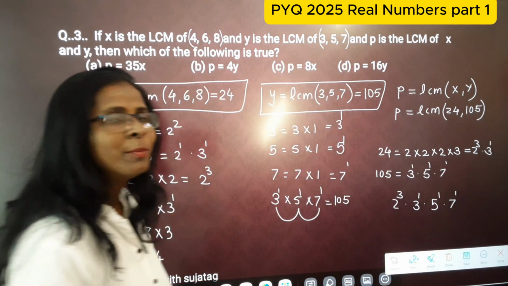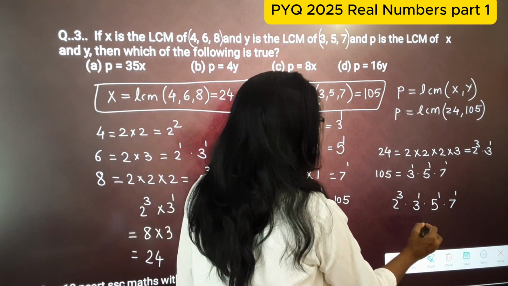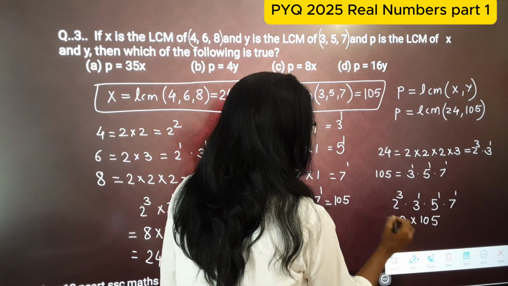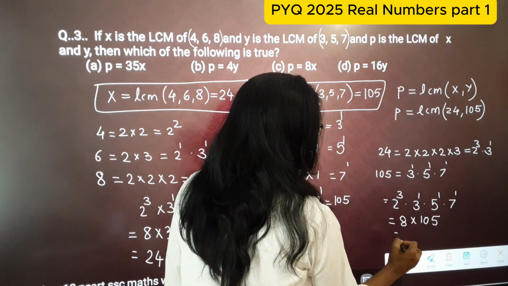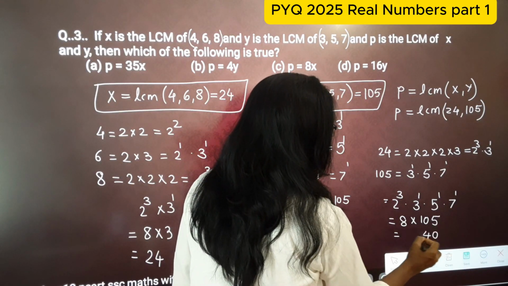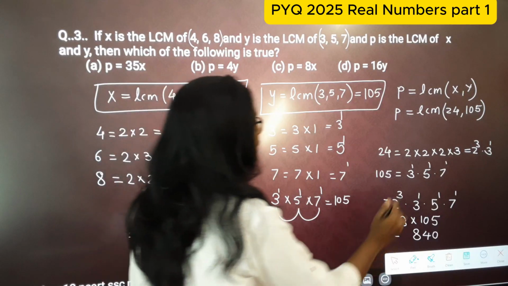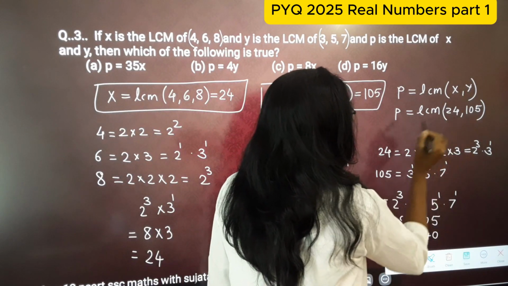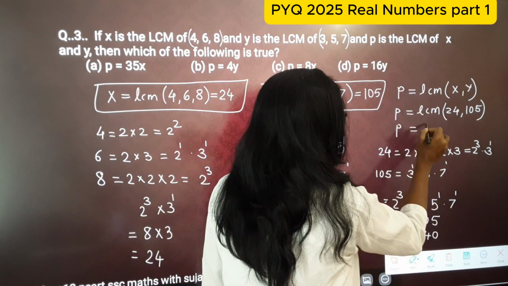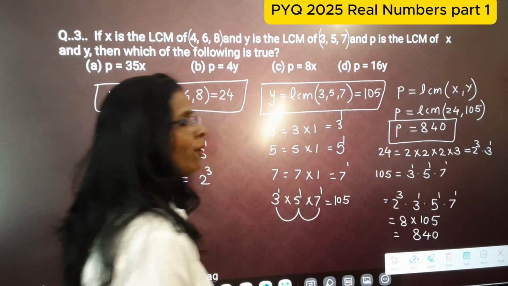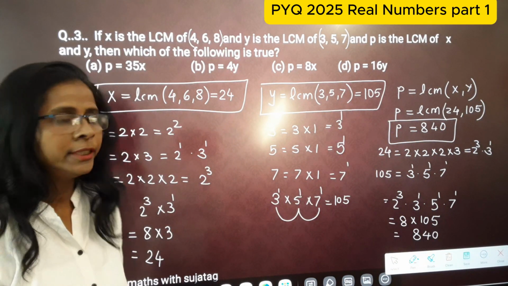The multiplication of 3, 5, 7 is 105 and 2 cubed is 8. So 8 fives are 40 and 8 ones are 8. So the LCM of 24 and 105 is equal to 840. So now we have the value 840 here.